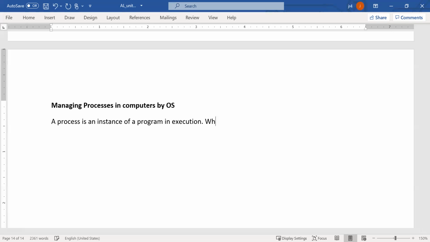When running a program, it becomes a process.